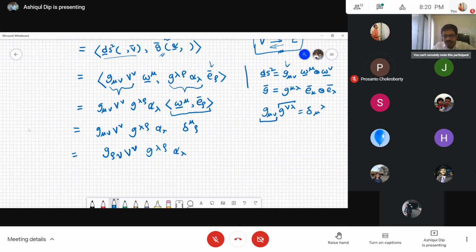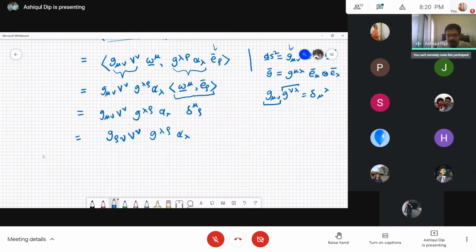Now see, we have a sum over two indices of G itself. So now you can write it like this: G lambda rho, G rho nu, right? Then V nu alpha lambda.